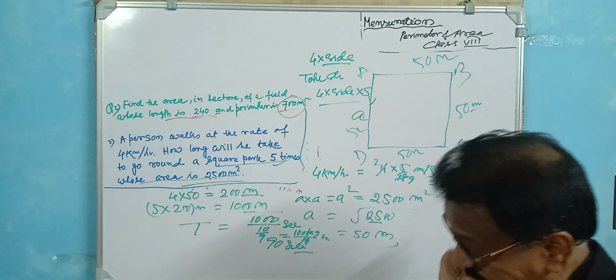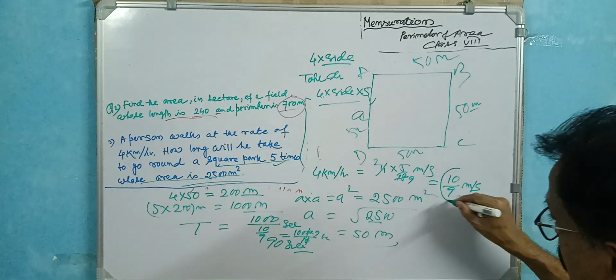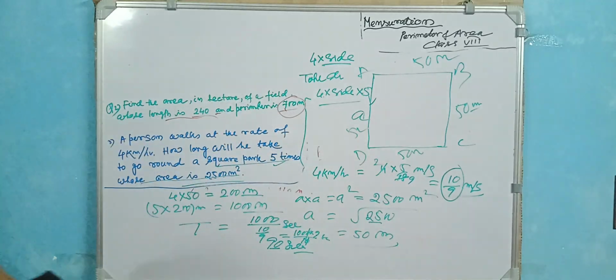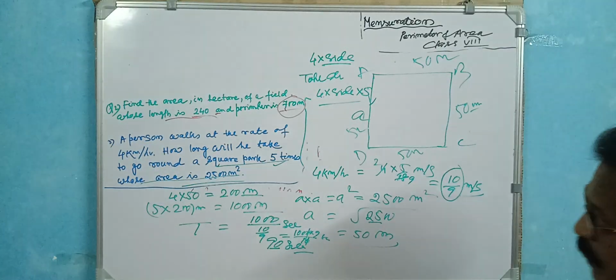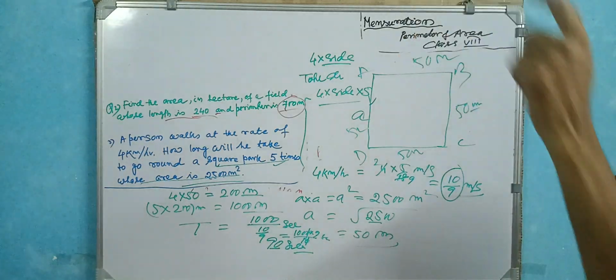Okay. Is it clear? This is 10 by 9. 90 second means no. So distance is this, this is 1 minute.